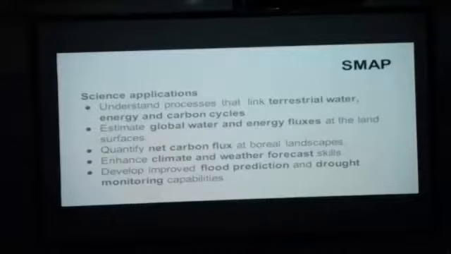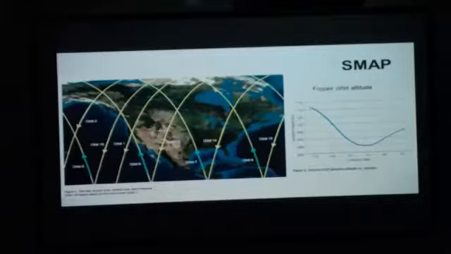Also, this can be applied to flood predictions, knowing the soil moisture content, and to monitor drought, beyond the monthly reports we get from the Servicio Meteorológico.